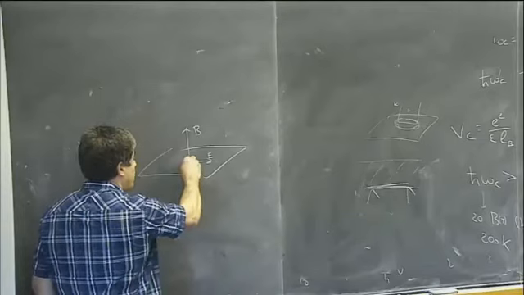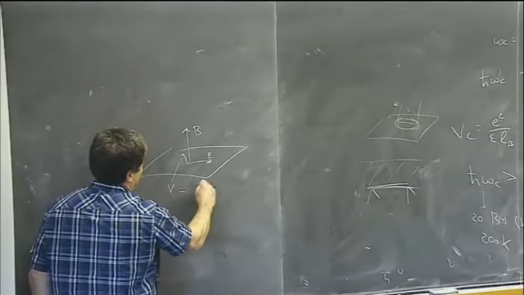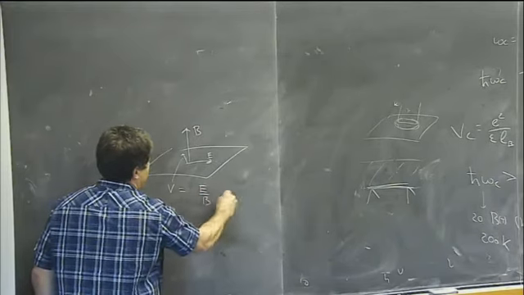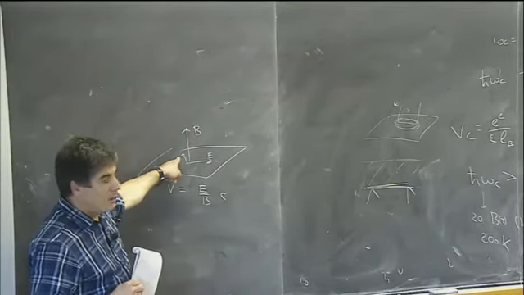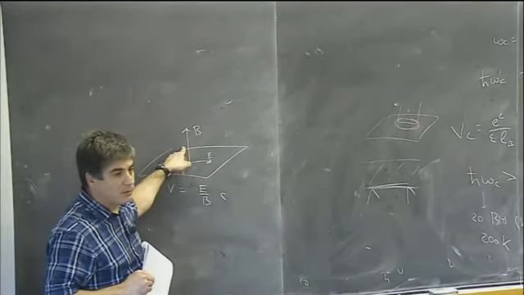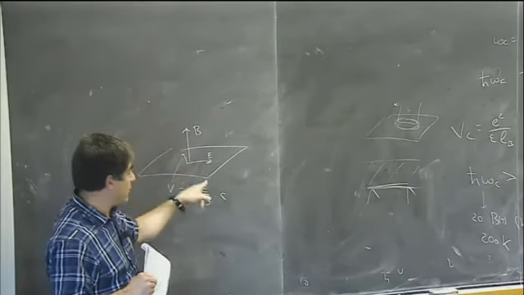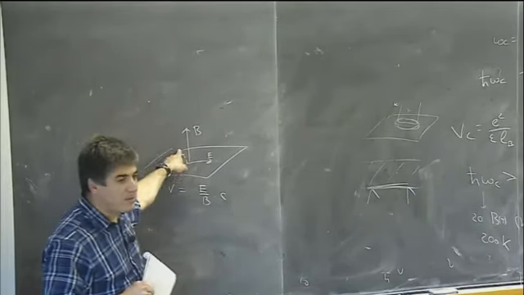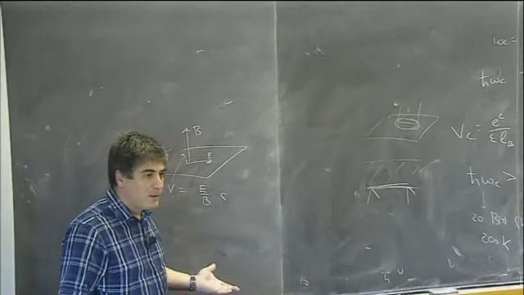So what I will do is go to the reference frame which moves with velocity E divided by B times c in the perpendicular direction. In that reference frame there is no electric field. It's just Maxwell equations, so it's transformations. So in that reference frame there's just a magnetic field, so I don't have current.